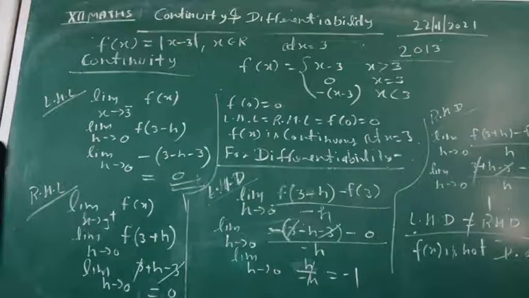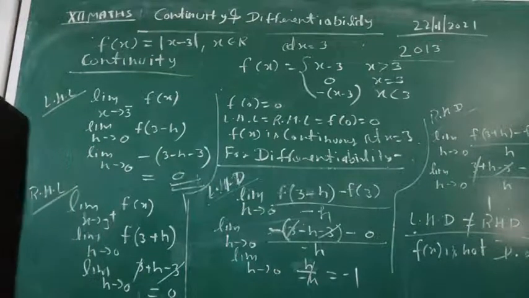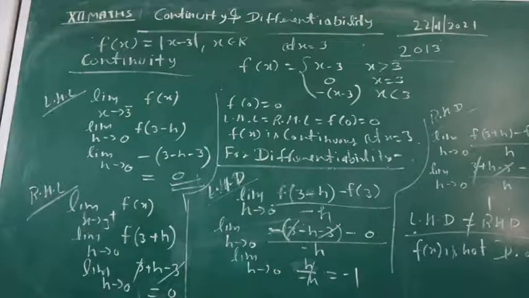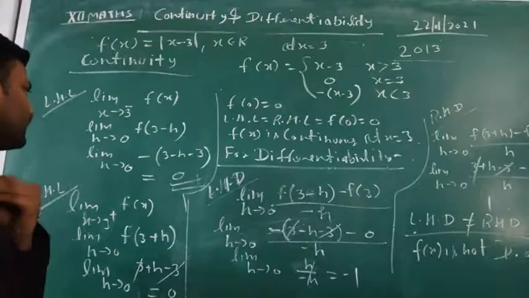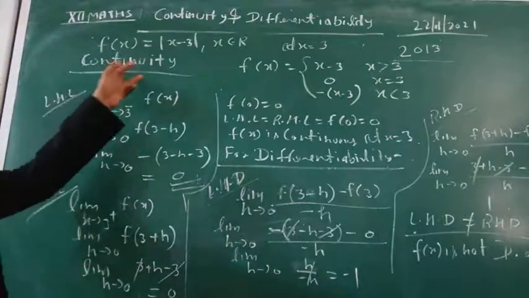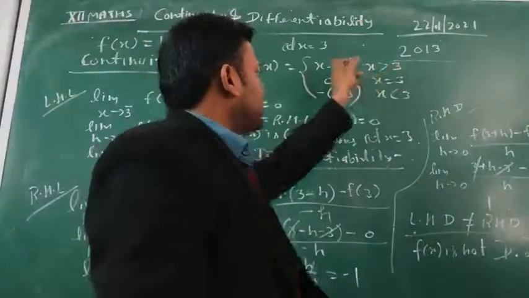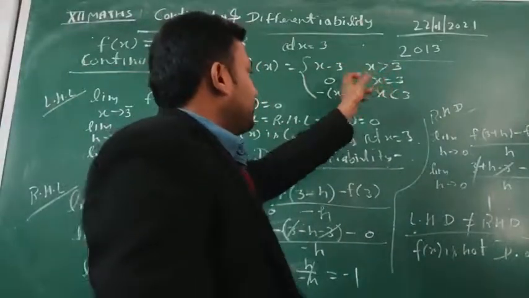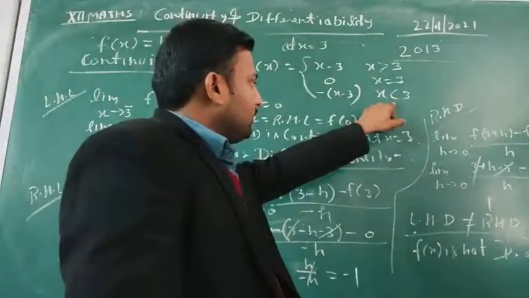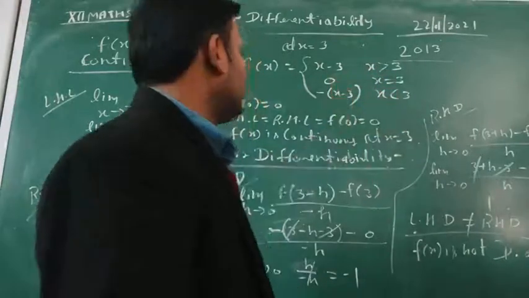Okay student, so we can say that our function is continuous at x is equal to 3 but not differentiable at x is equal to 3. For continuity, first of all, when we break the function, for x greater than 3 this is positive, at x is equal to 3 this is 0, and for x less than 3 this is negative.